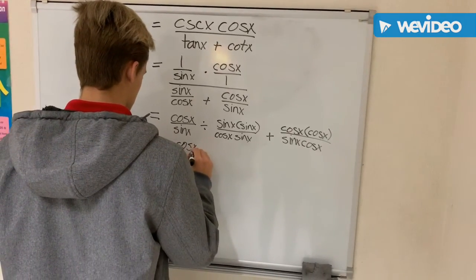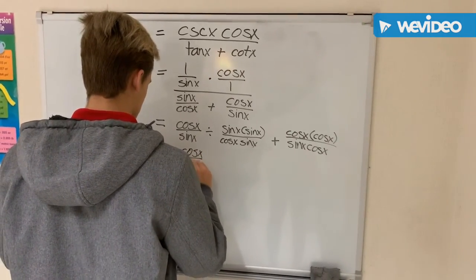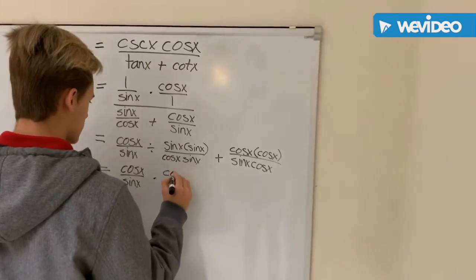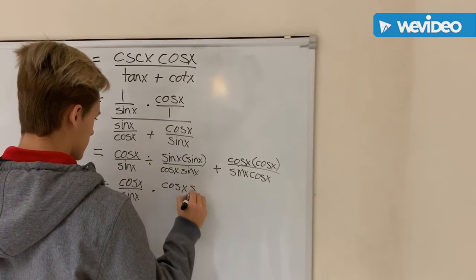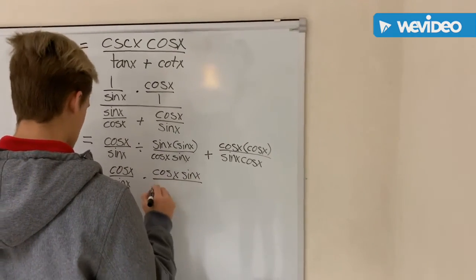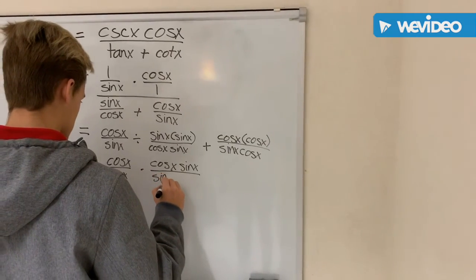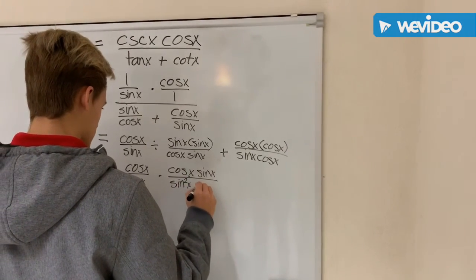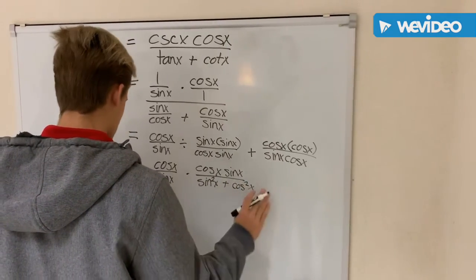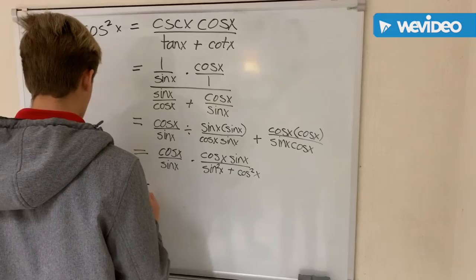So it all becomes cosine x over sine x times cosine x sine x over sine squared x plus cosine squared x. We do that because the two fractions above had the same denominator, so we could simplify that.